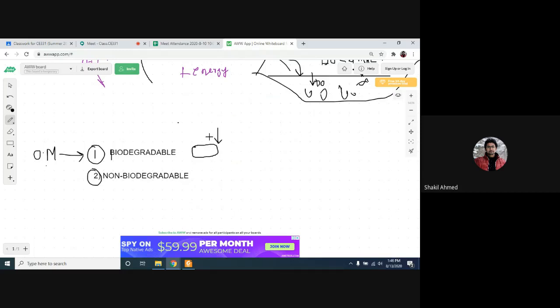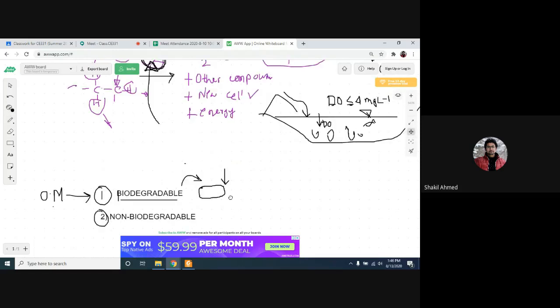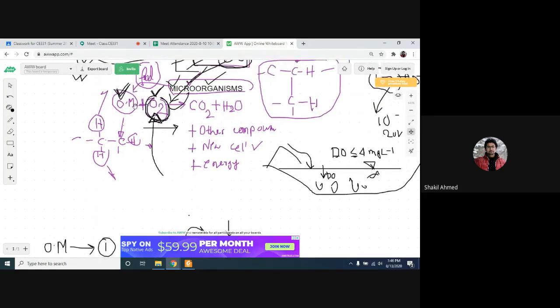Initially, if it's green, then it will ripen, and then eventually with time it will rot. Yes, sir. That means this is biodegradable, and rotting down is basically biodegradation by microorganisms. So microorganisms are actually degrading them.